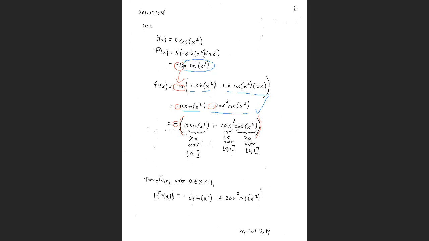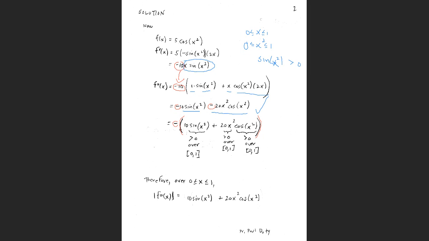And what I notice is that x is between 0 and 1, so x squared is between 0 and 1. And the sine of x squared then, well, the x squared is your angle, right? X squared is your angle.